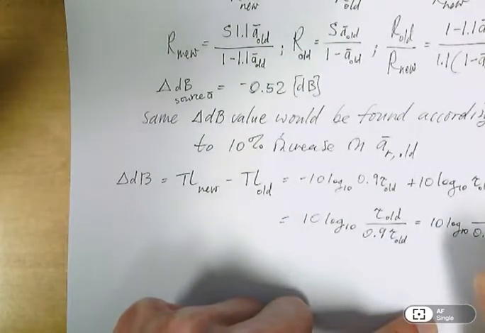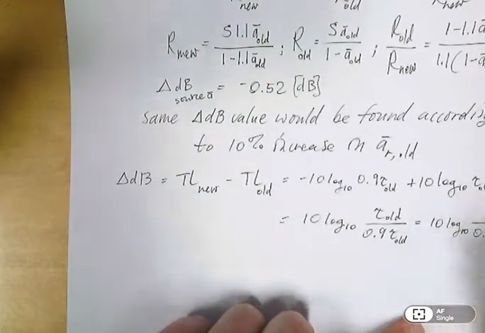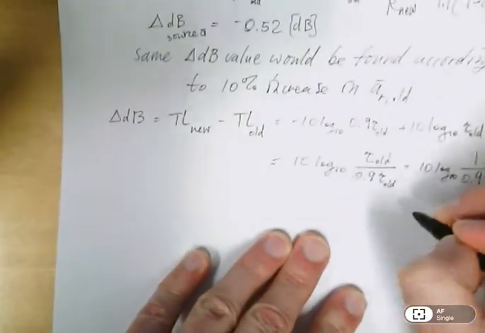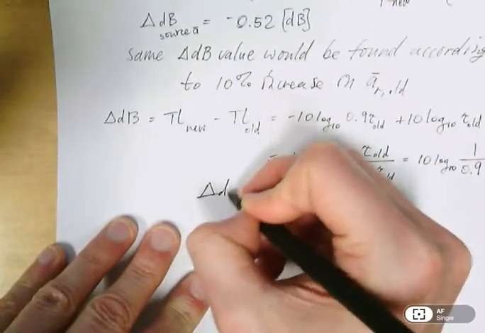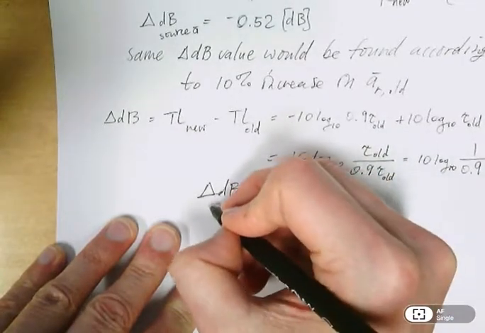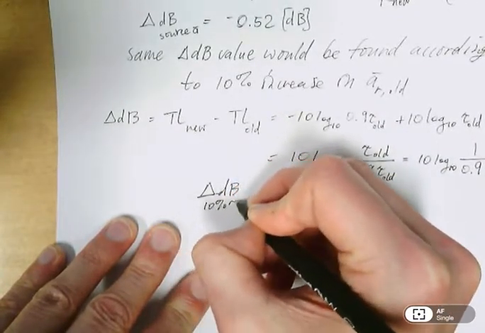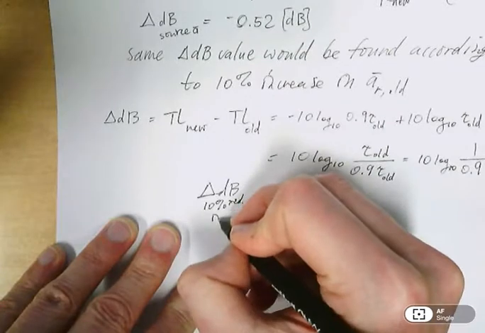And we can run that number quite easily and find that the delta dB by a 10% reduction in tau old is 0.